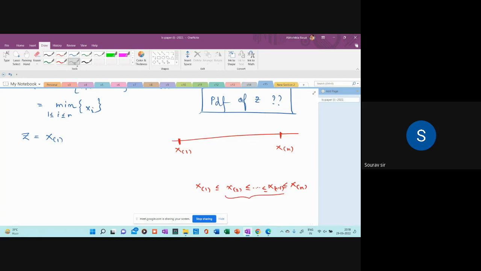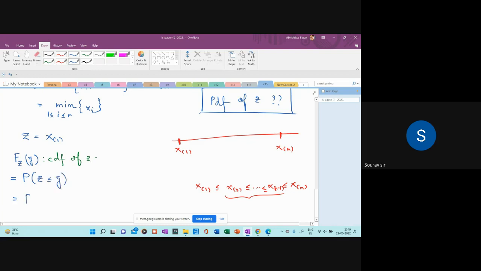Now let us proceed to find capital F of Z, that is the CDF of Z. That is going to give me the probability that capital Z is less than or equal to small z.